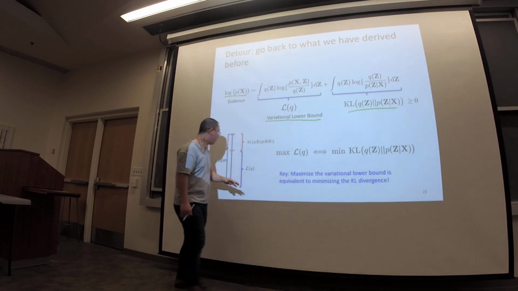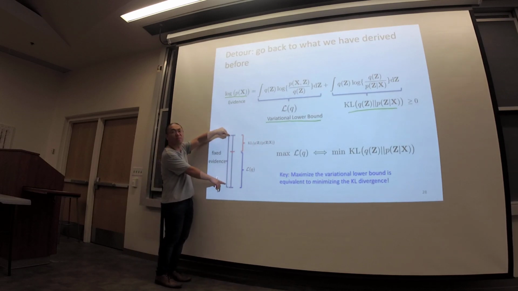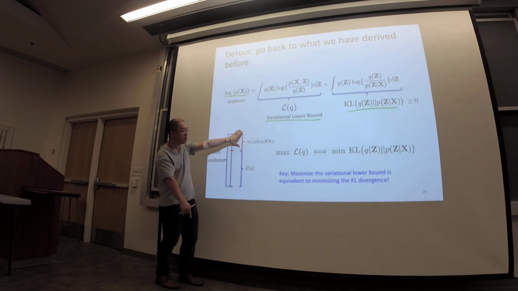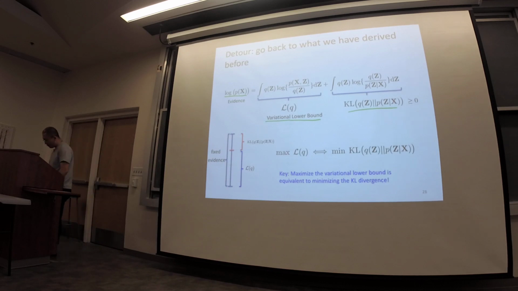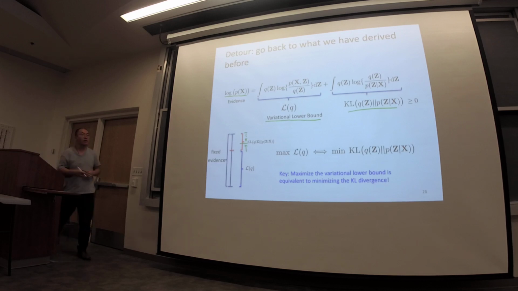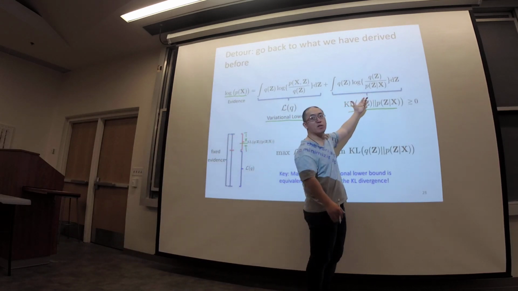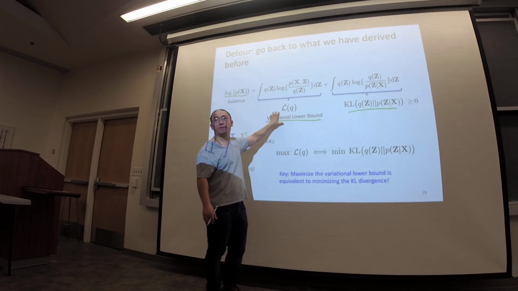Visually, our evidence is fixed. It is a summation of this lower bound plus this KL divergence. So if you maximize your lower bound, you actually squeeze the KL divergence. So instead of directly minimizing this, which is intractable, we maximize the variational lower bound.